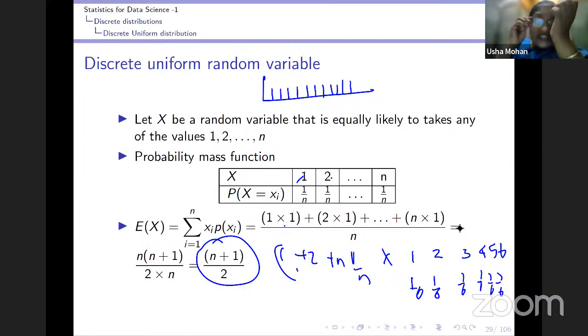Expectation is a long run average. Why do we say it is a mean value? Very rarely do we say expectation is a mean value, because mean is what you finally get. That's why we say a long run average.